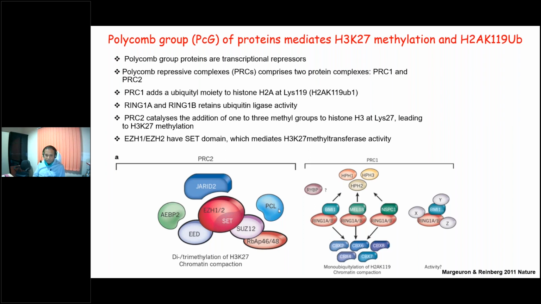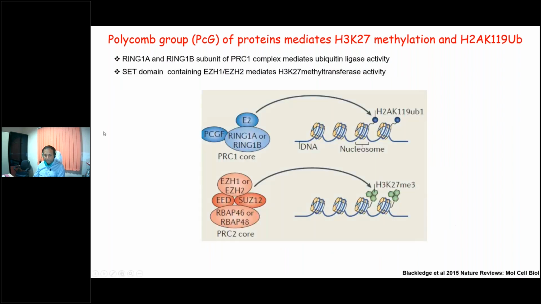So they induce compaction in the chromatin, thereby repressing the gene expression program. So you can see here is the RING1A protein, RING1A, RING1B. They mediate the H2A K119 ubiquitination, and this complex, the PRC2 core complex, mediates the H3K27 trimethylation.